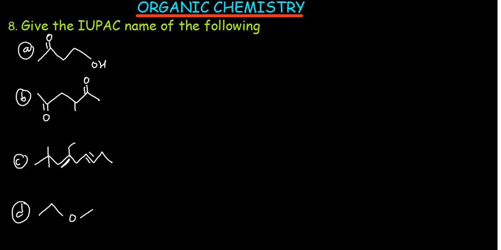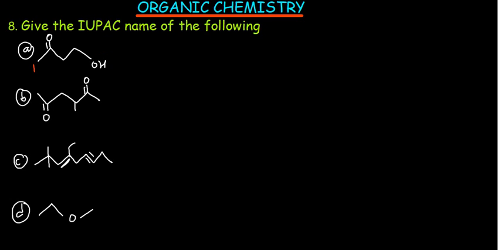Okay, so in this case, if we can look at this one so closely, we have got a double bond at this point, and then we have got the OH. So priority is going to be given to, let me just try to look at that again. Okay, priority is going to be given to the ketone. Okay, so that is the one which receives more priority than the alcohol.